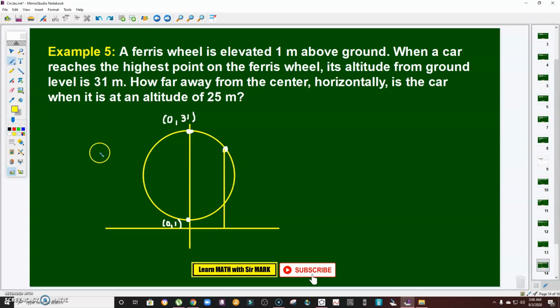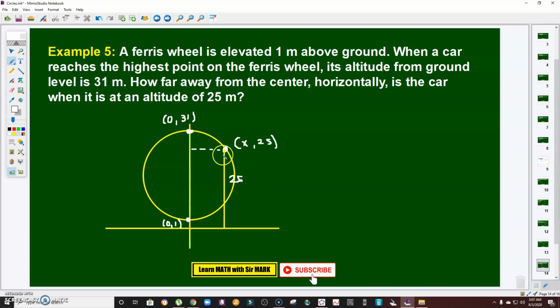So, if that is 25, how far is it? Okay? How far is it? So, meaning to say, the coordinates of the car, that point, since it is unknown, that is x, 25. See that?